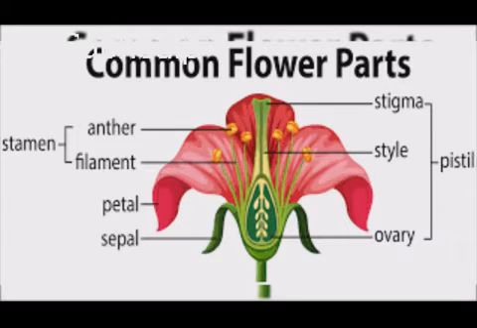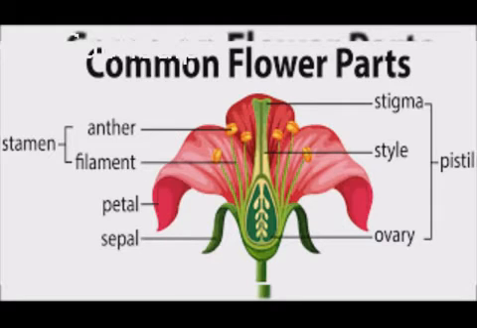The second whorl or the corolla is formed by the petals, which are brightly colored, striped or spotted and scented. The petals surround and protect the reproductive parts of a flower.